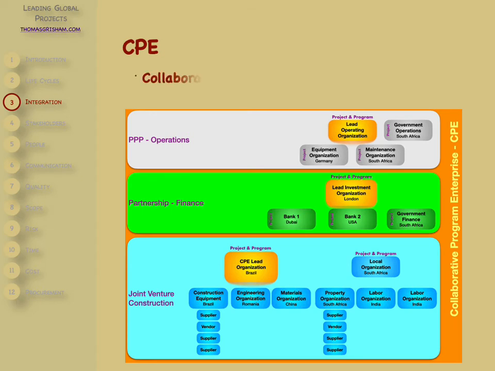And the main item I want to emphasize today is the CPE lead means the person, the organization first, and the person in that organization that's responsible for pulling together all of these individual organizations, giving them a vision, and leading them toward a common goal.